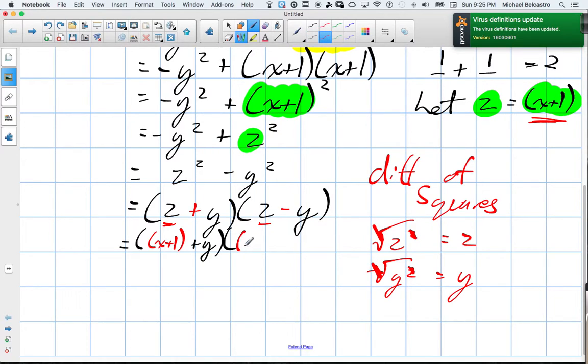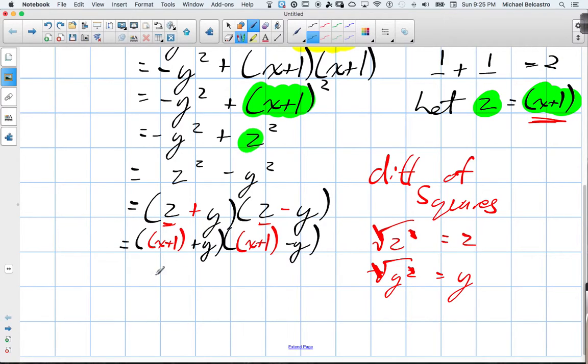Also, we would have had x plus 1 minus y. And then those brackets inside, we can kind of drop them. So you're left with x plus 1 plus y and x plus 1 minus y. And that would be a pretty good form of factoring.